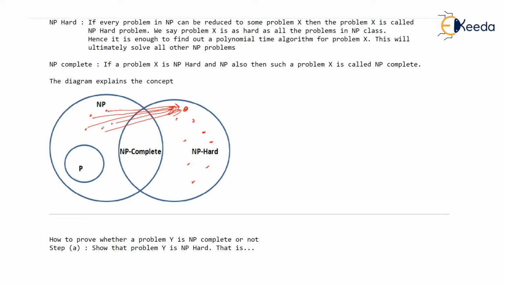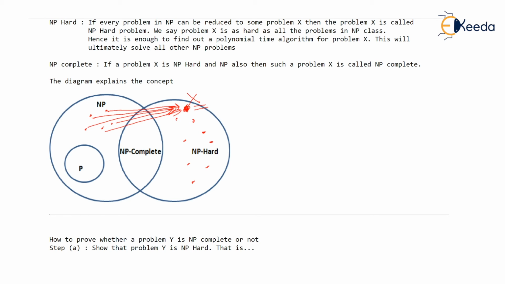But there exists no polynomial time algorithm which can verify the solution. That means even a verification algorithm does not exist for the given problem X. So although all the problems in NP are reducible to problem X, that's why it is NP hard, X is not NP because there is no verification algorithm for X. There are several such problems for which you cannot even verify.